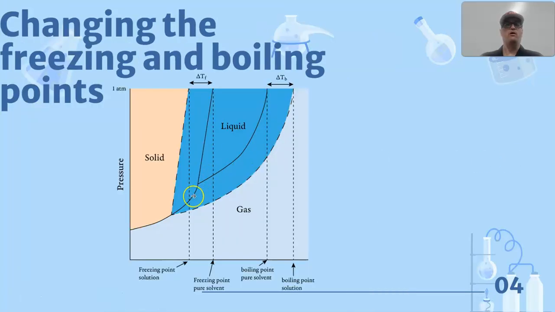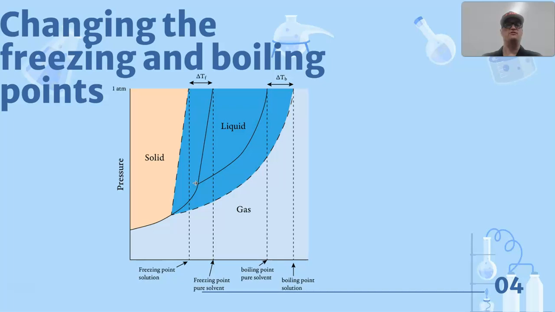Now, one way to model this is with changing the freezing and boiling points in what's called freezing point depression, I should say, not deprivation, depression, meaning lowering, and boiling point elevation, or raising. So a normal phase diagram would show it in the black part here, but that's for a pure substance.